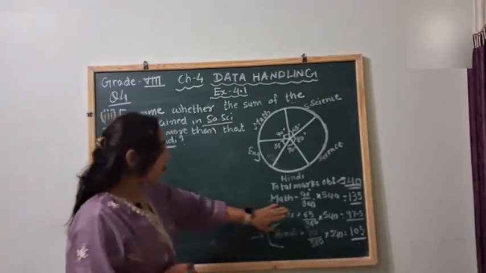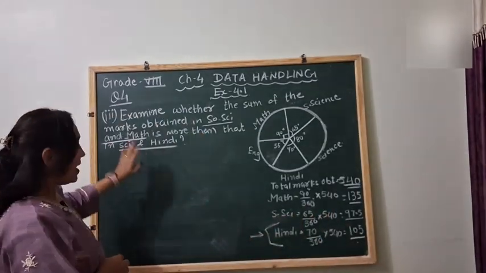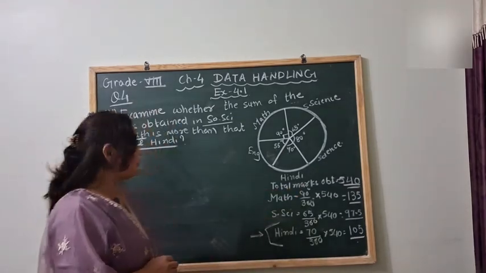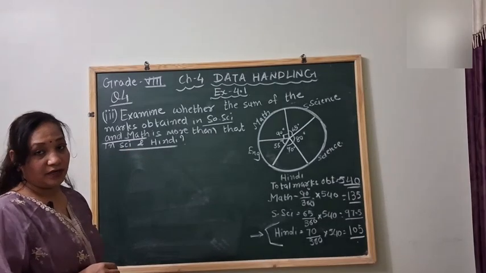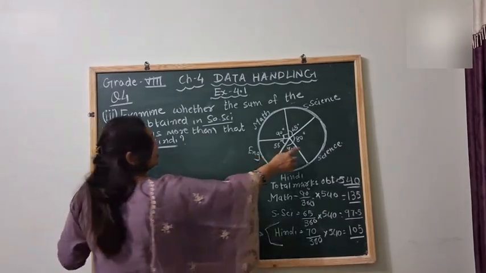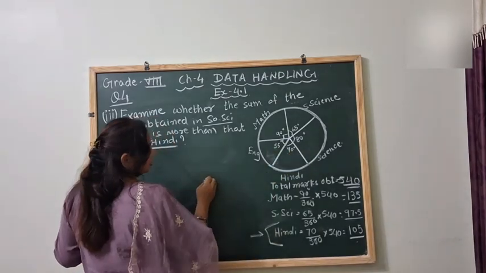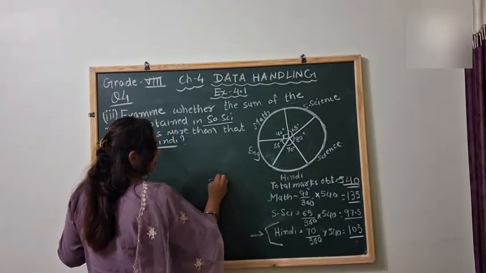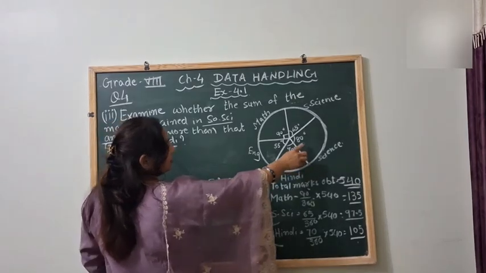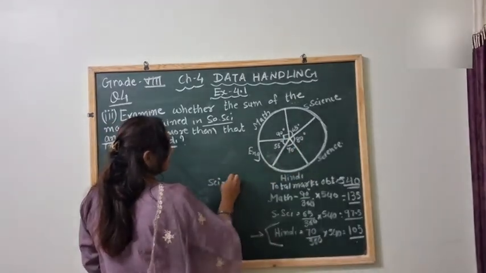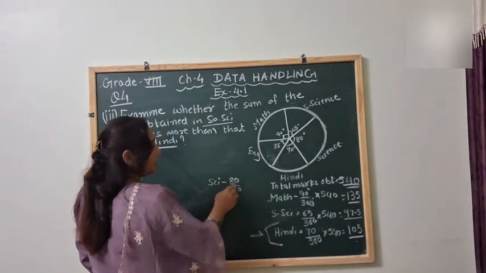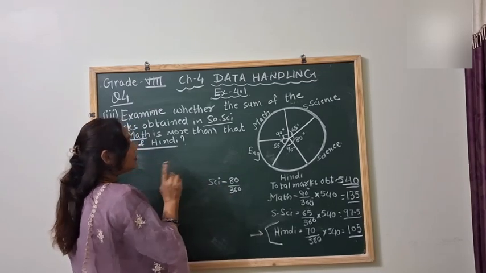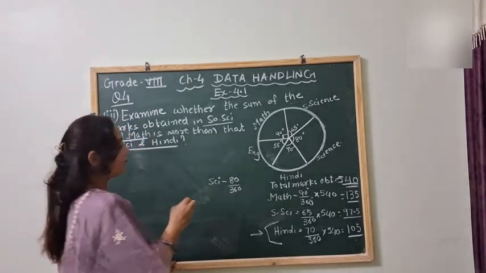Social science ke marks we are having, maths ke marks also we are having, Hindi ke marks hai, science ke marks hamko find out karne padenge. So let us find out marks in science subject. Okay, so science ka main yahan likh rahi hoon 80 divided by 360, multiply by total number of marks he has scored, that is 540.